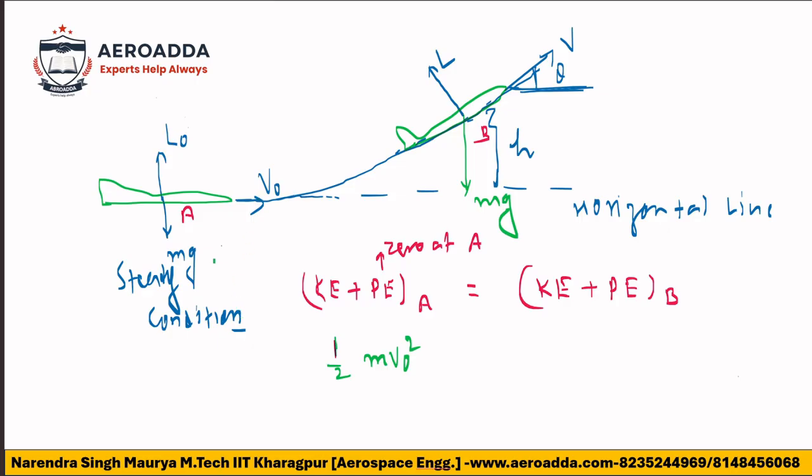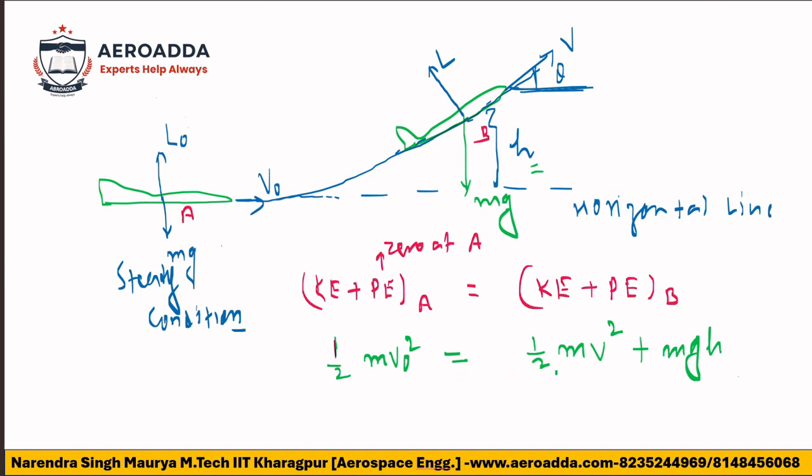This is equal to the energy at point B, where the kinetic energy is one half m V squared, since the mass is the same and the velocity has changed, plus a potential energy at height h, which is mgh.